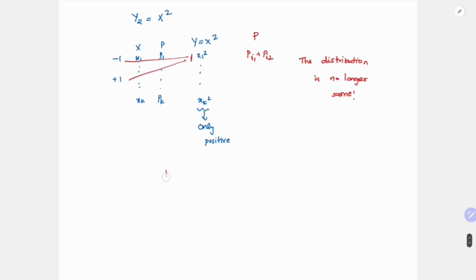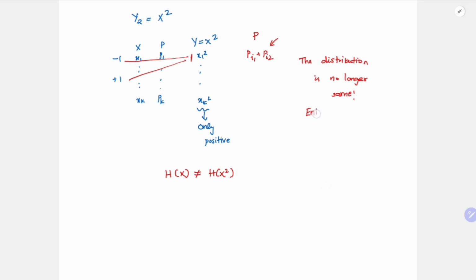Which means that h of y is not directly related to h of x square, and h of x is not related to h of x square. But will it be more or less? Here, if you see, we are combining the probabilities. Whenever you take any distribution and combine the probabilities, what you are inherently saying is that the probability of occurrence of this event is increased, which in turn decreases my uncertainty about that event, which means that your entropy is also going to decrease.